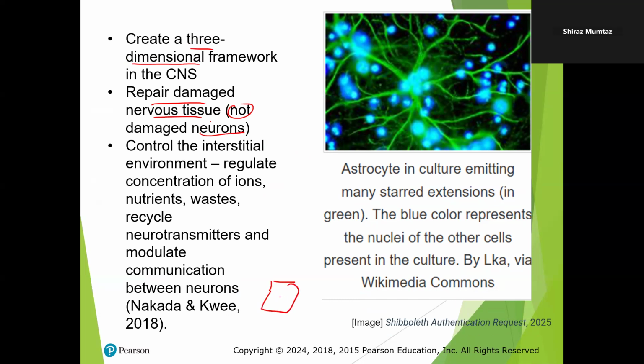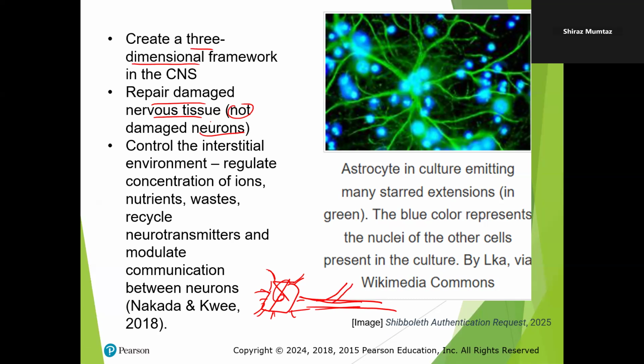When you see the neuron, I'm always drawing those weird neurons, but it's just to show you the dendrites coming out and an axon coming out. The astrocyte does not regenerate the neuron itself, but it can regenerate the dendrite, the axon, and the collateral coming out from that axon.